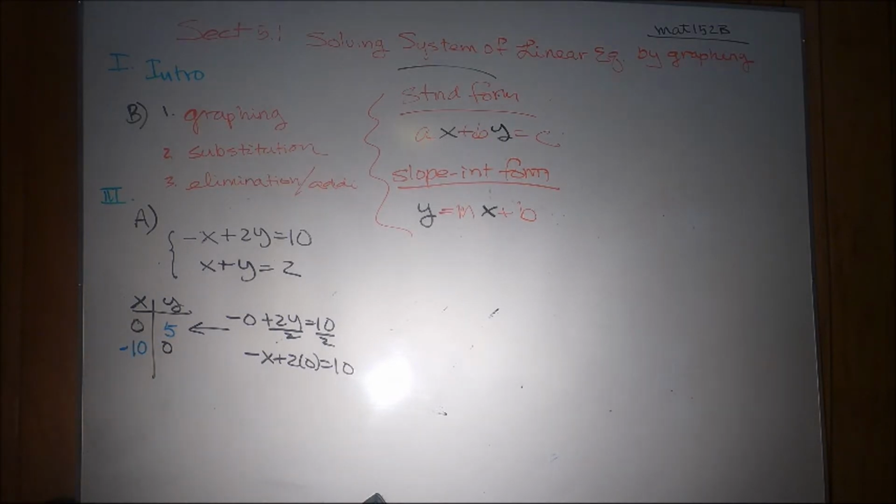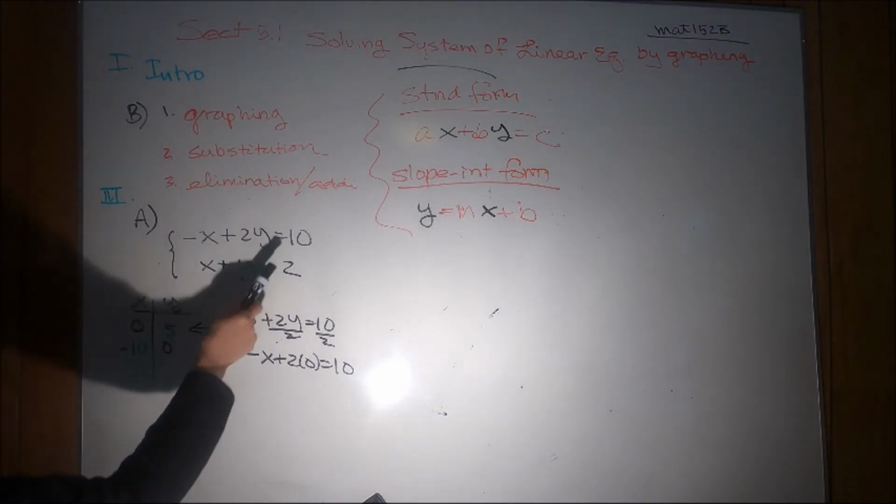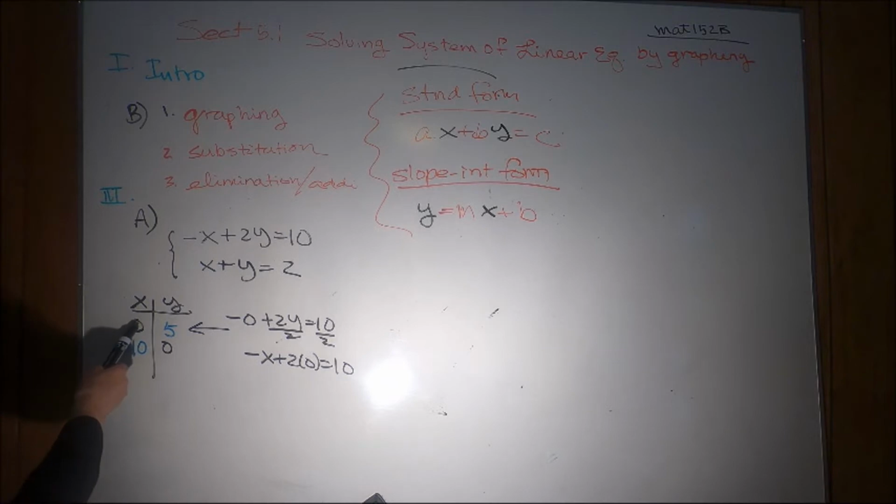Right? 0, 5, and negative 10, 0. Is that right? Let me see. That's correct. When x is 0, y is 5.